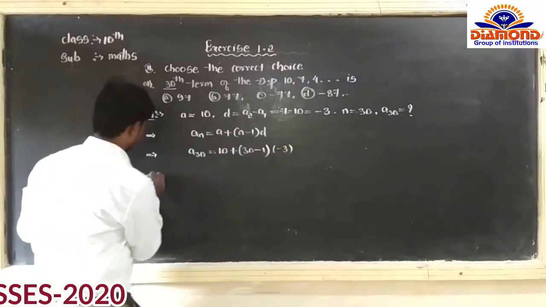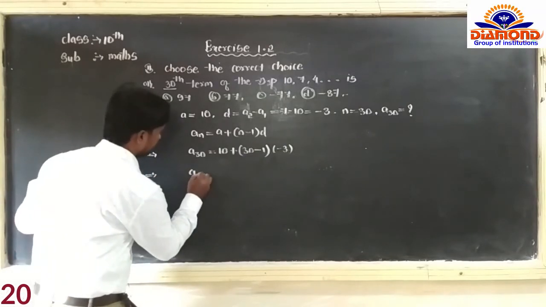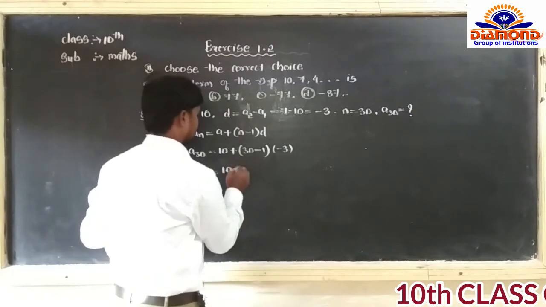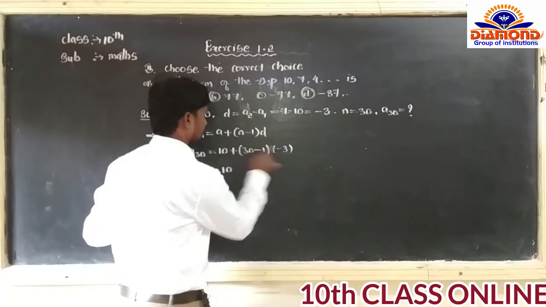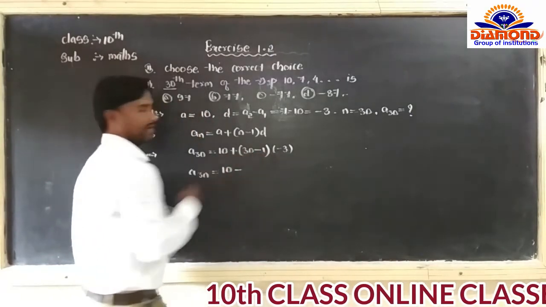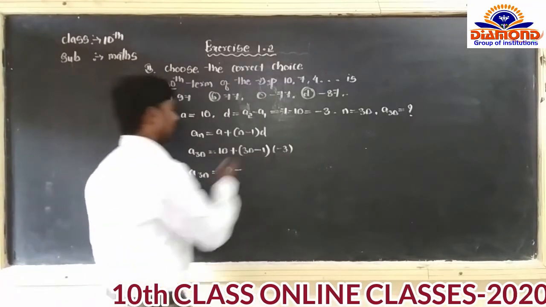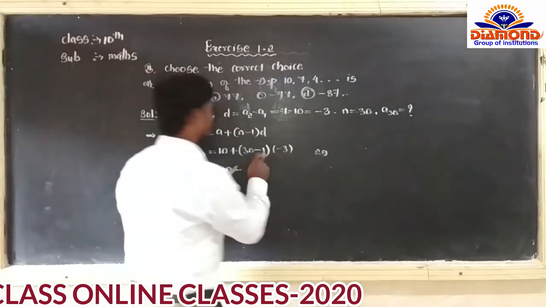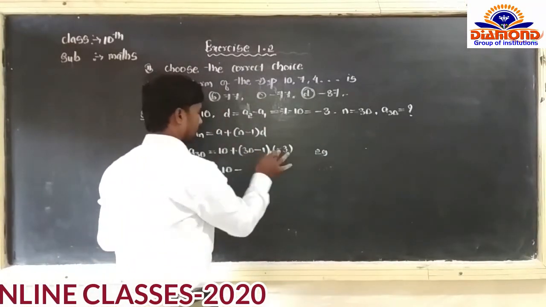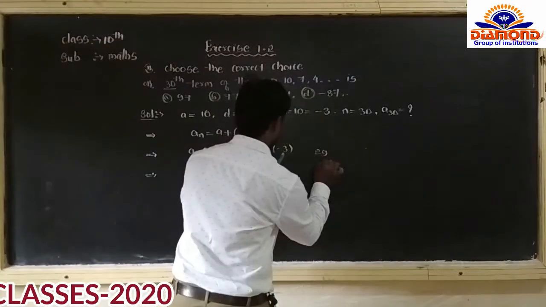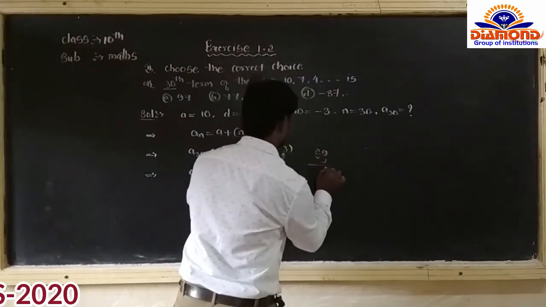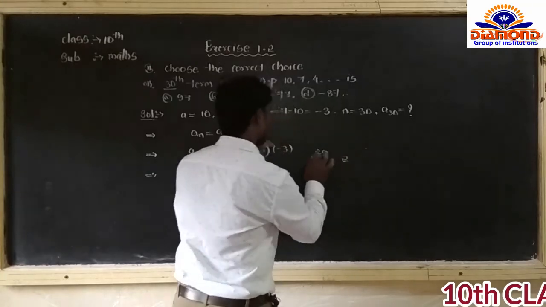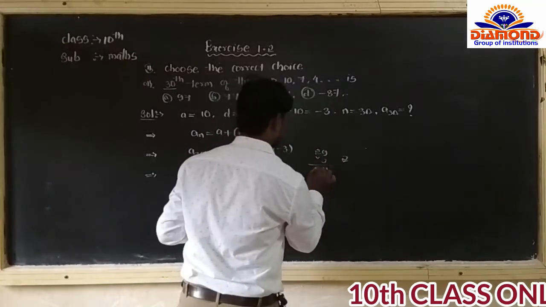Next step here, a30 is equal to 10 as it is, plus into minus, 30 minus 1 is equal to 29. 29 threes are here. So plus into minus, 29 threes are, 3 nines are 27, carry 2, 3 twos are 6, 7, 8.